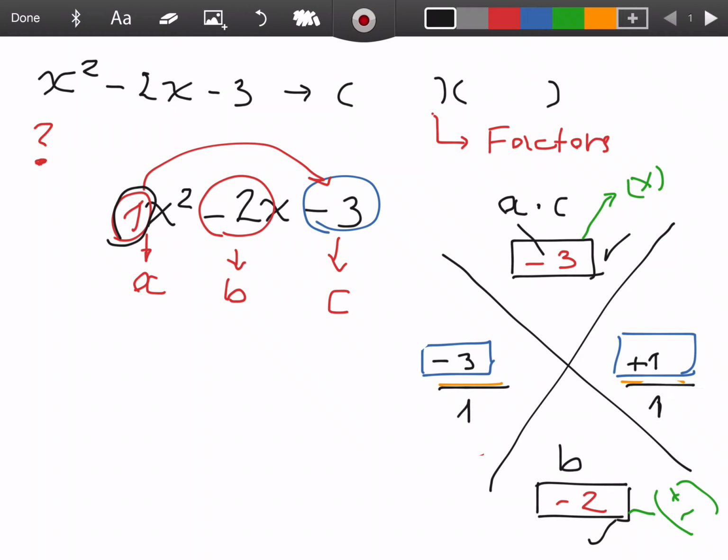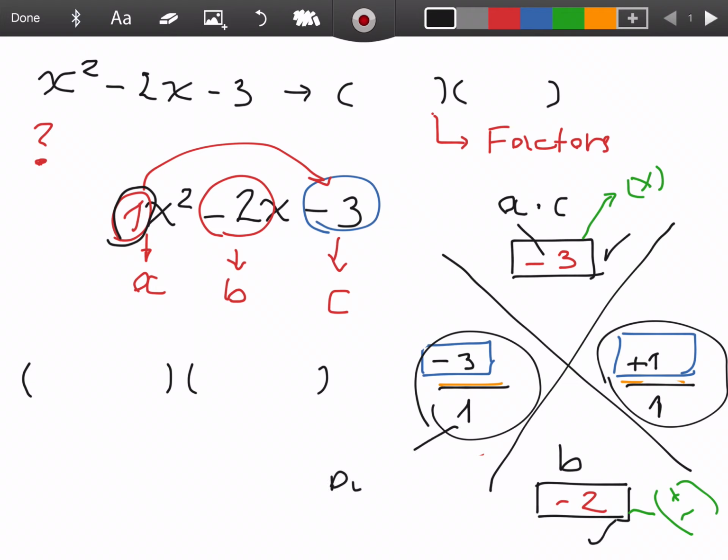Finally, we're going to write two brackets, remember the two brackets, and then put the numbers of the fractions in the brackets. How? The denominator is the value for x.